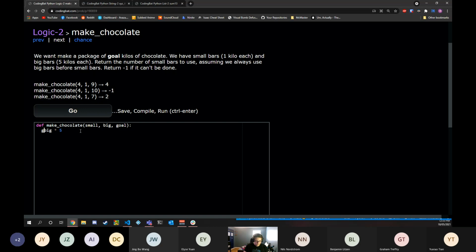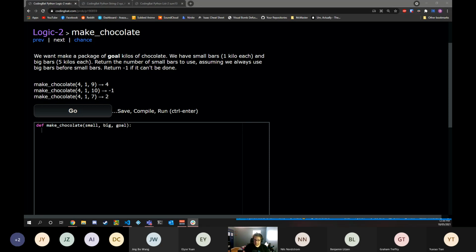And then if I did goal divided by big times 5, what this will do is tell me what my goal is after I remove the, or I guess goal mod big times 5. What is my goal after I remove all of the big chocolate bars? But I need to make sure that I don't remove too many. That's why this question is a little bit iffy.